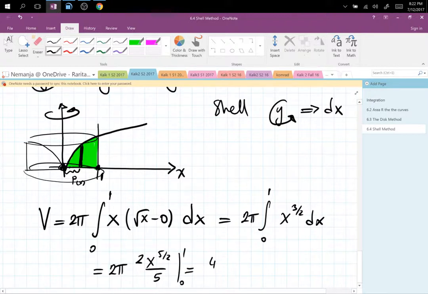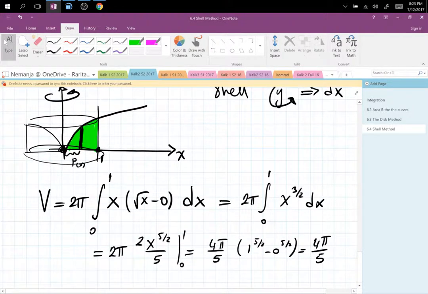And that gives us 4 pi over 5 times 1 to the 5/2 minus 0 to the 5/2. So the whole thing is just 4 pi over 5. So the shell method is, if you rotate on y, you use dx. If you rotate on x, you use dy. Make sure you study those formulas closely to catch those differences.